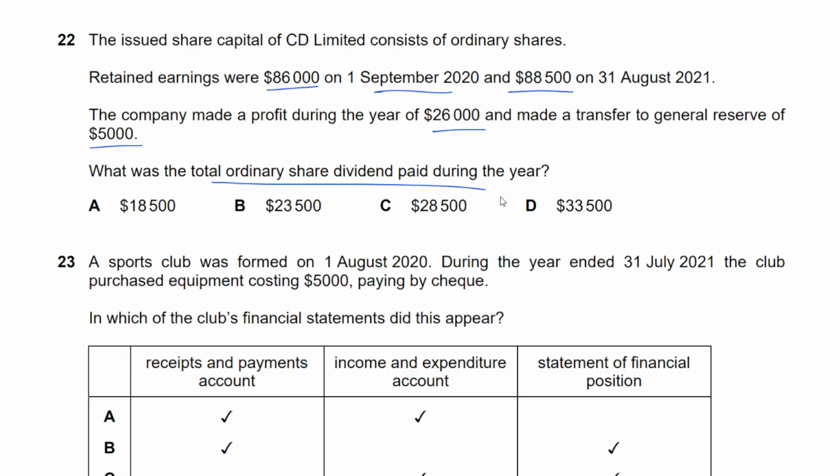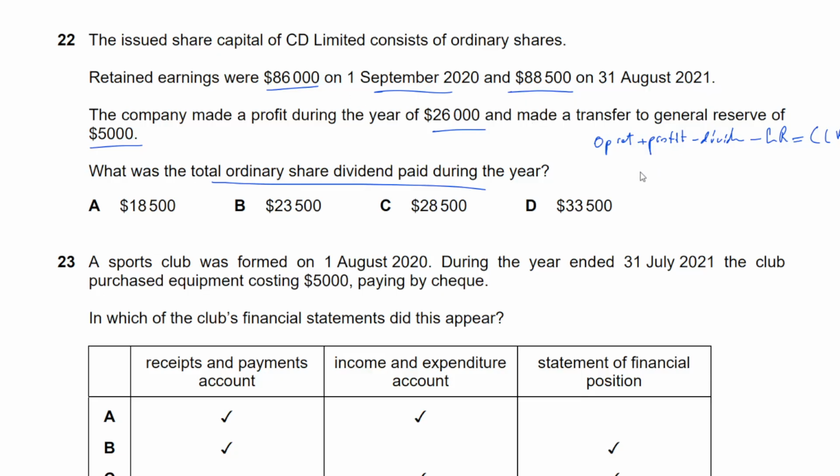It's like a little formula for retained earnings, right? From the beginning till the end. So we start with the opening retained earnings, plus profit or minus loss, minus dividends, and minus the transfer to general reserve, gives us closing retained earnings, right?